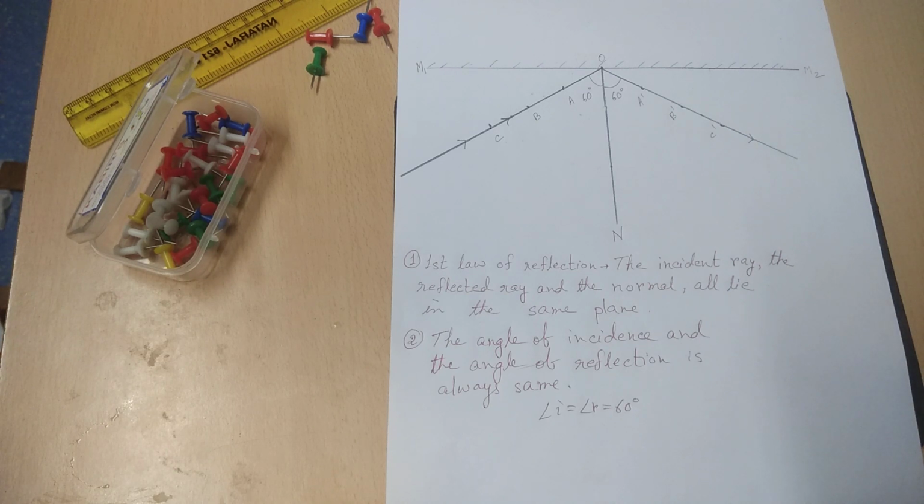We verified the laws of reflection of light. The first law is the incident ray, the reflected ray and the normal all lie in the same plane. And the second law of reflection is the angle of incidence and the angle of reflection is always same. Here we got angle I equal to angle R is equal to 60 degree.